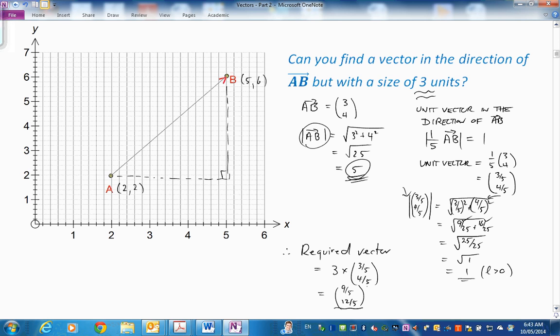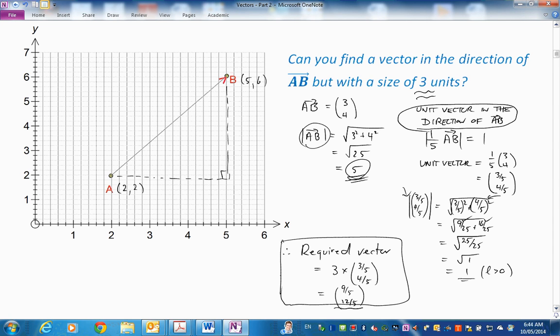Okay, the required vector there. That's not a bad idea. What have we just done? We have captured the direction of AB by making a unit vector, a vector which is just 1 unit long. And then we can multiply that up to any length we like. Not a bad little trick, is it? To find a vector in the direction of another vector with a size of anything.